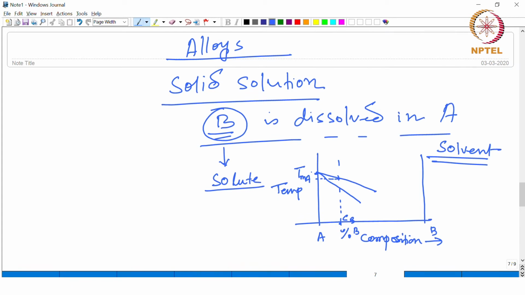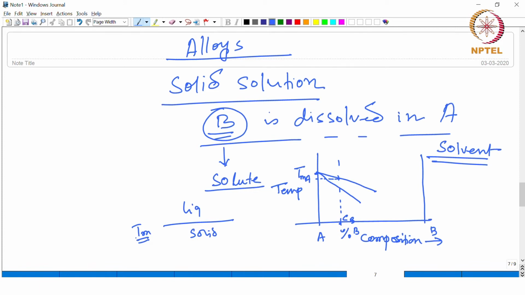The other difference being the pure metal would solidify as and when the temperature is reduced below the melting point. Okay. So, it simply transforms from liquid to solid below the melting point. Okay.